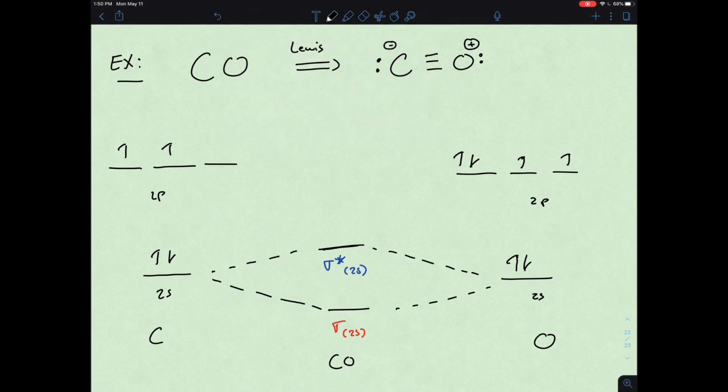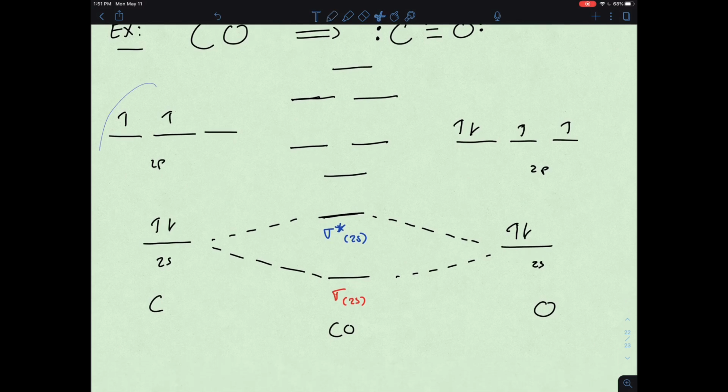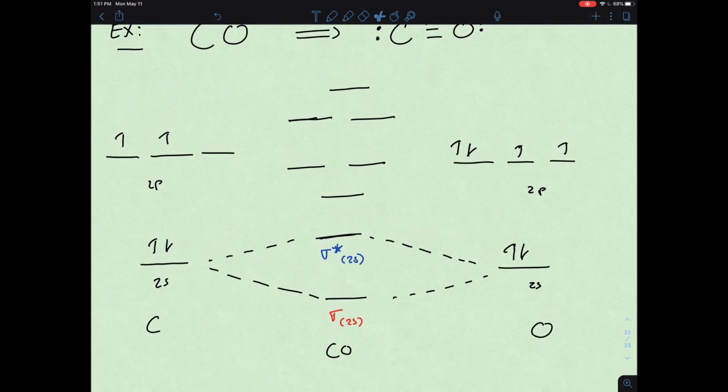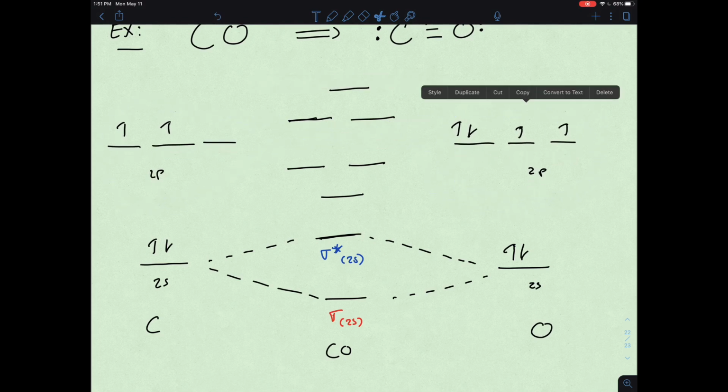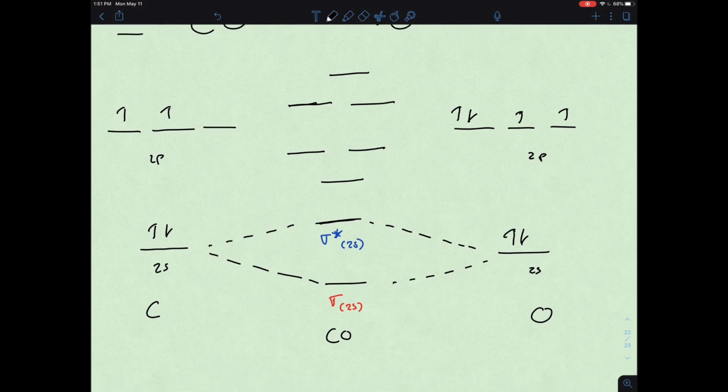We then have our sigma 2p, our pi bonding, and then our anti-bonding at the very top. And so these guys should be kind of in the middle there. Sorry, just doing a little bit of editing. There we go. And so we have all of these raising of energies for the stars or the anti-bonding, lowering of energies for the bonding.